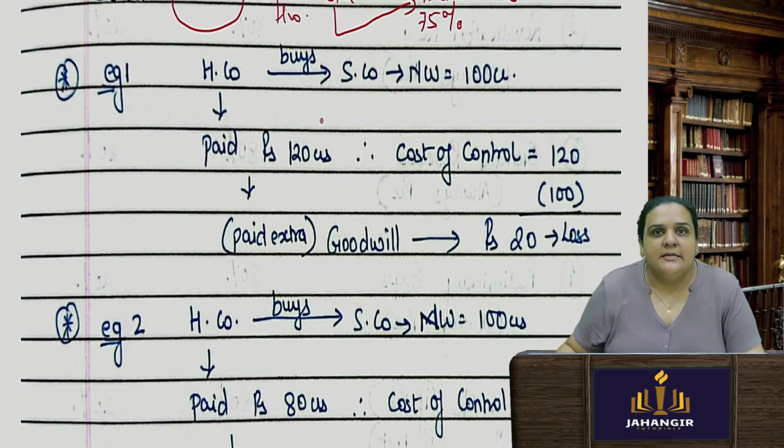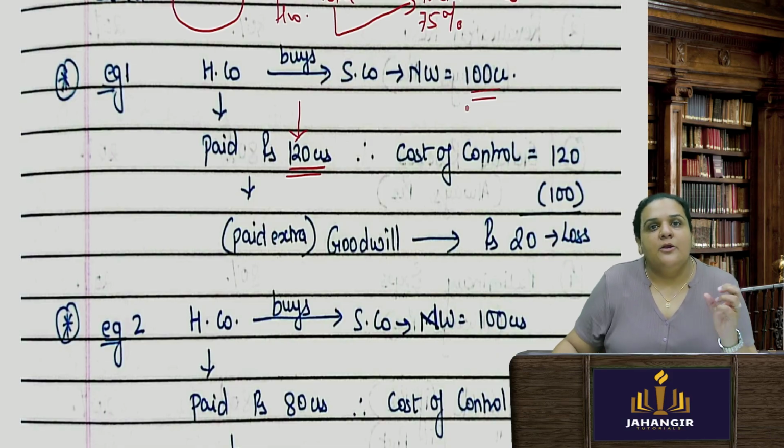That paid consideration, say if I tell you the holding company has offered to pay 120 CR and we calculated the net worth of the subsidiary company as 100 CR. That means holding is paying 20 CR more over the net worth of the subsidiary.